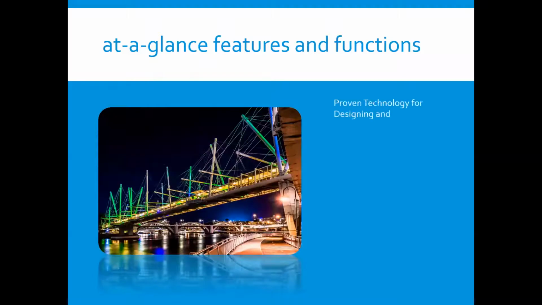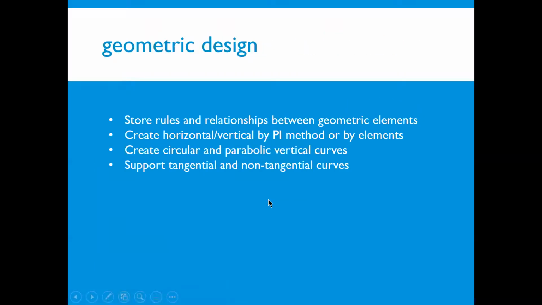At a glance, the features and functions of these software packages provide a proven technology for designing and sustaining transportation infrastructure. This software is based on geometric design principles, and it stores the rules and relationships between geometric elements.